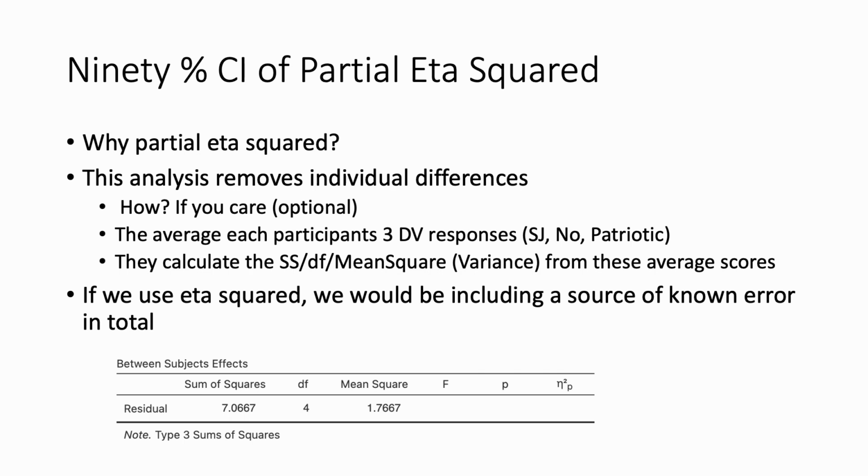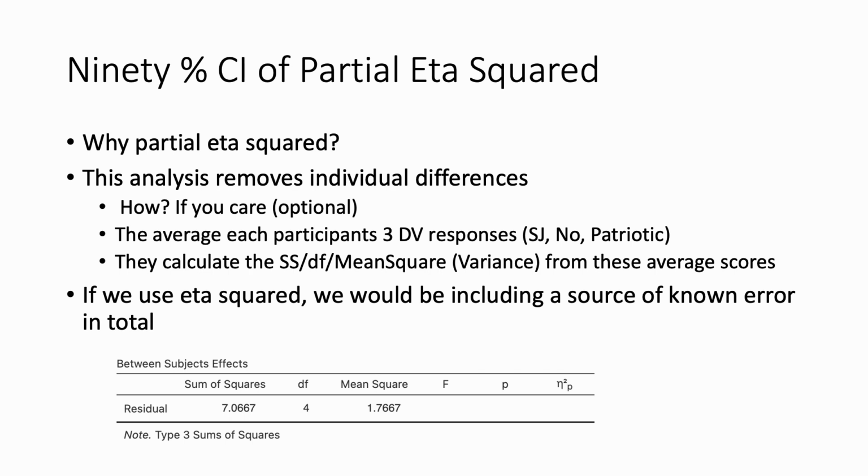How does this work? You take each participant's score, you average it, you get individual differences in reparations, you calculate sum squares, degrees of freedom, mean squared, which is just variance from those data. The computers do it for us. We don't have to worry about it. If we used eta squared, we would be using a known source of error that we quantified and can remove, right? Known source of error, not unknown source of error. Like, we quantified the individual differences.